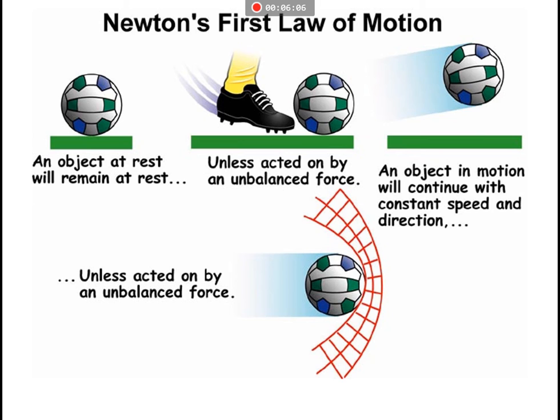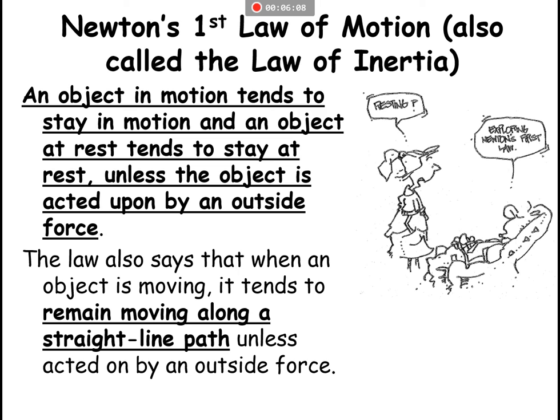Newton's first law of motion is also called the law of inertia. An object in motion tends to stay in motion, and an object at rest tends to stay at rest, unless the object is acted upon by an outside force.